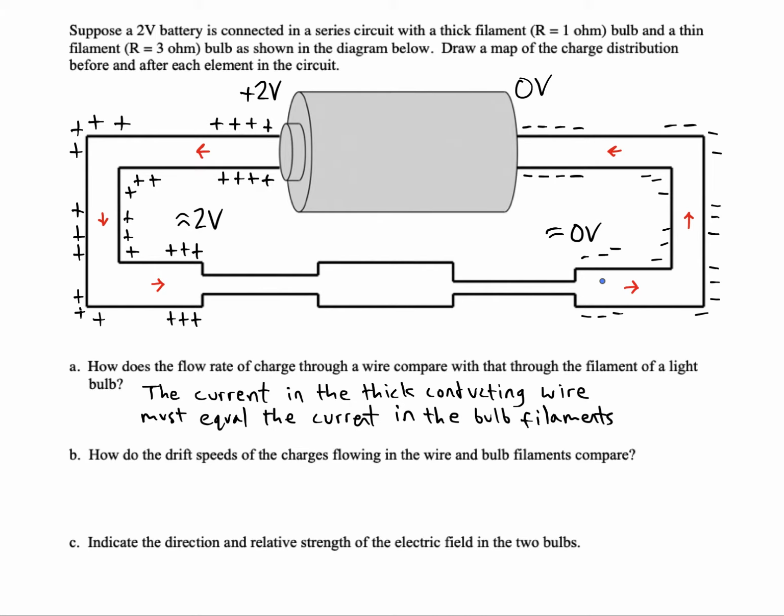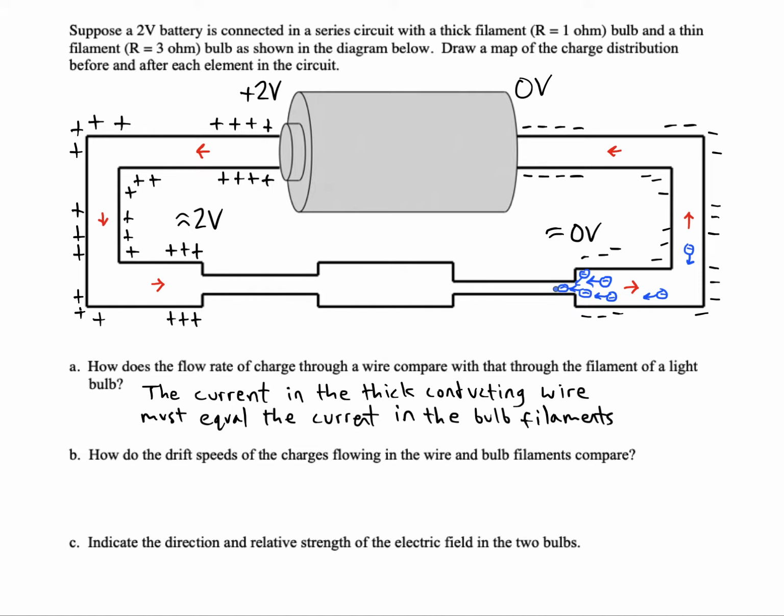So if we have an electron here, which is drifting against the field, and we have more electrons in this very thick section that are all drifting against the field, the same number of electrons that go into this narrow section have to come out. And so they're all going to pile up here, wanting to get through.